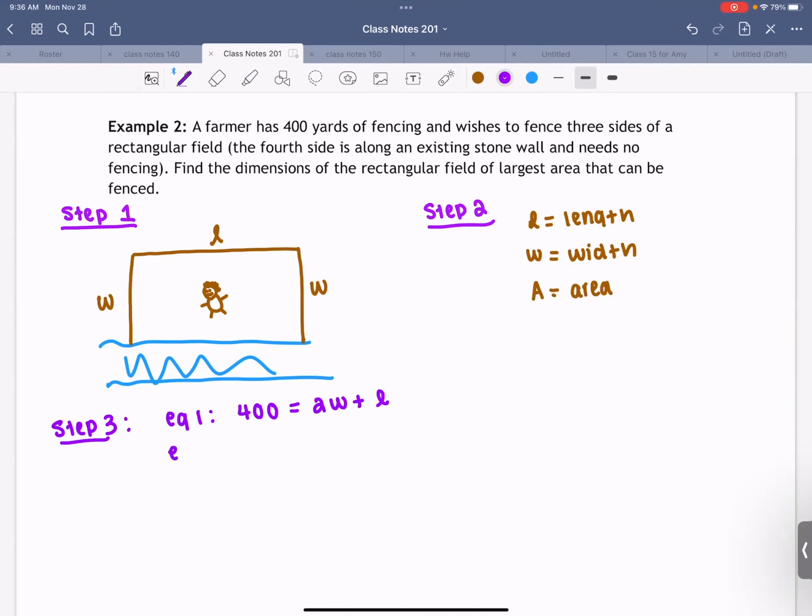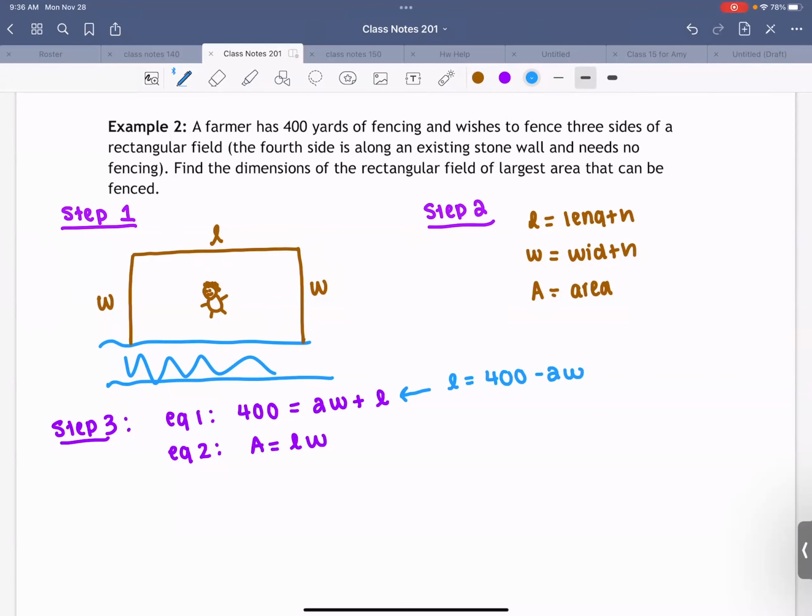Our equation 2 was the same, A equals length times width, and equation 2 isn't written in terms of one variable anymore. It has 2 independent variables, L and W. As I was walking around, I saw a lot of you take equation 1 and solve for L. I think you got L equals 400 minus 2W.